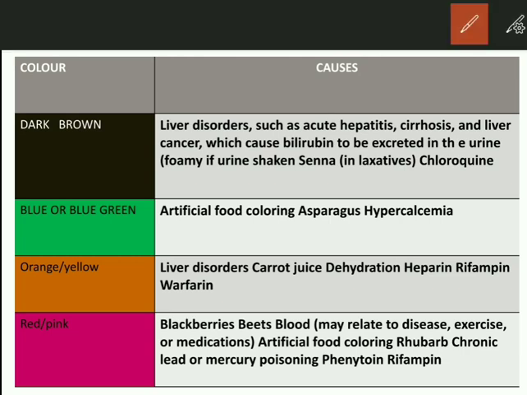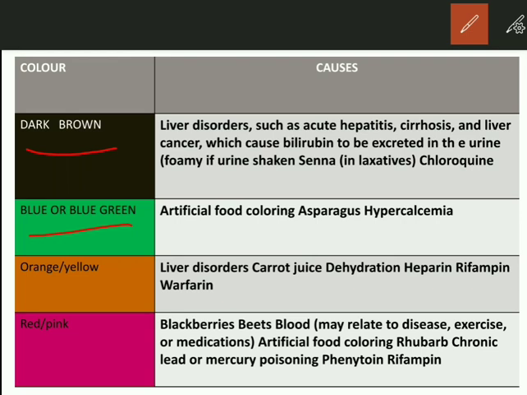The urine may be dark brown in color during liver disorders such as acute hepatitis, cirrhosis, liver cancer, or it can even be dark brown during the ingestion of chloroquine. Blue or blue-green color: the urine is blue or blue-green in color during the ingestion of artificial food coloring like asparagine, or it can be during hypercalcemia.